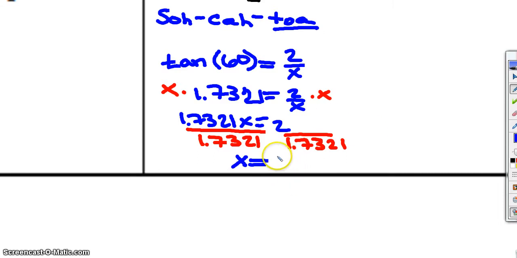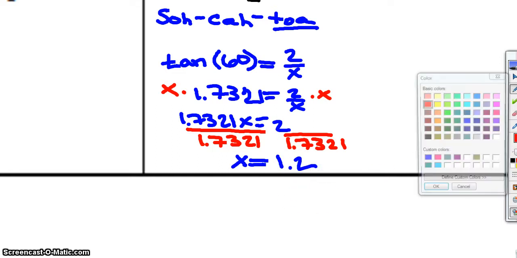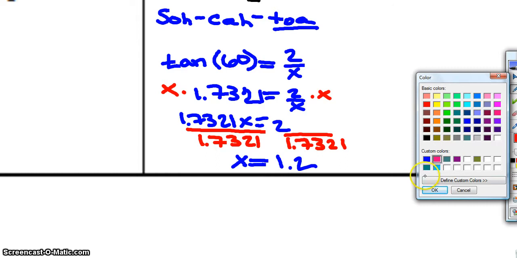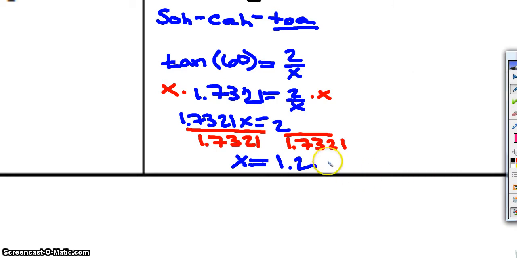So we're going to say 1.2. So this is our apothem. Our apothem is 1.2.